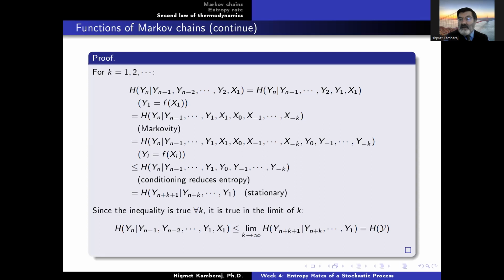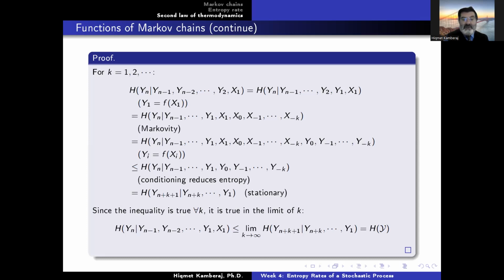This is because of the Markov chain that we have shown last week. Now, again, based on the Markovity, we can write h of Yn given Yn-1 and so on up to Y1, and X1, X0, X-1 and so on up to X-k.